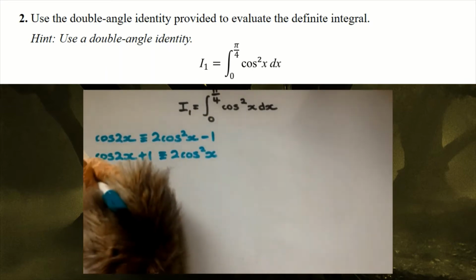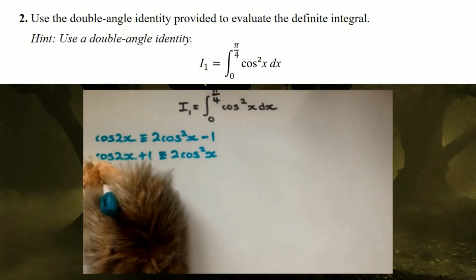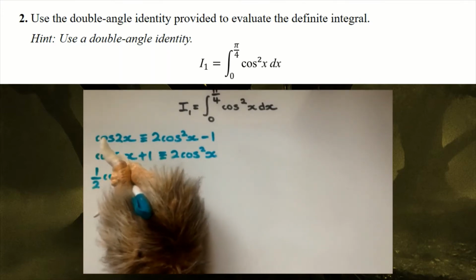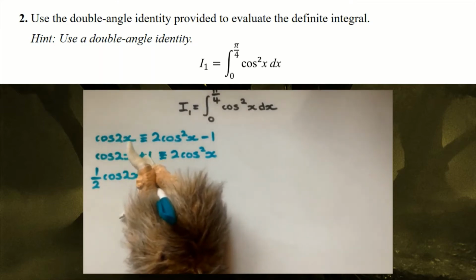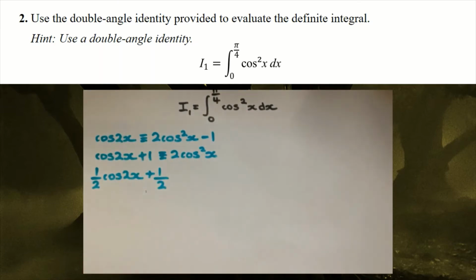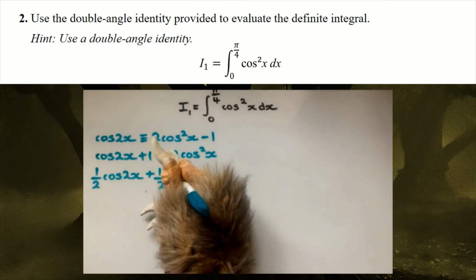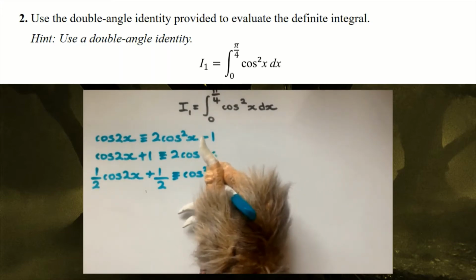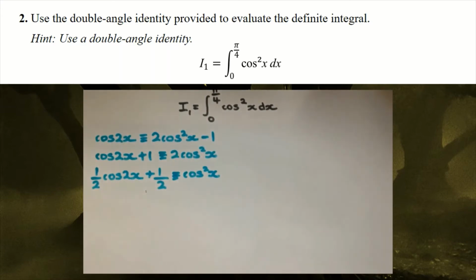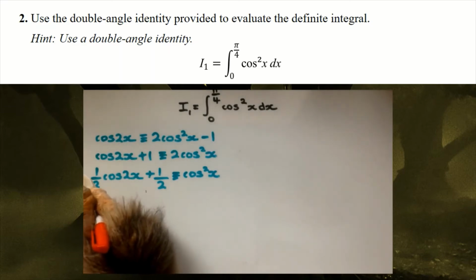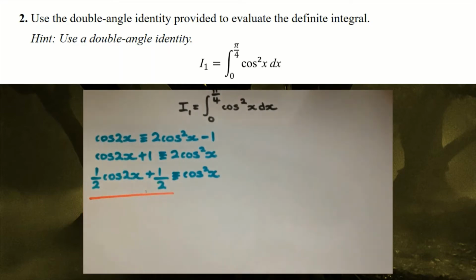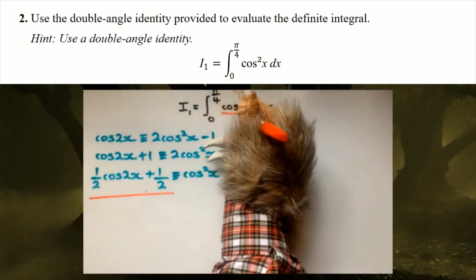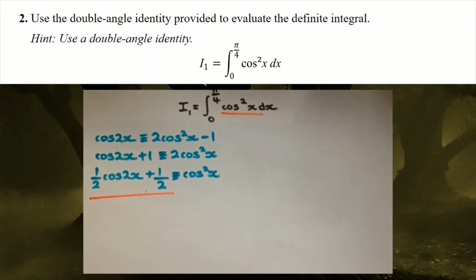And dividing by 2, so 1/2 of cos 2x plus 1/2, it's dividing both those terms by 2, is identical to cos squared x. Great. So now we have something we can use to substitute into our integrand. Okay, this is very straightforward to integrate. So I'm going to replace the cos squared x there. So that's the next step.